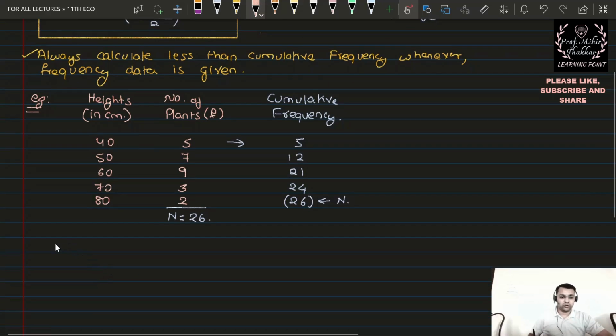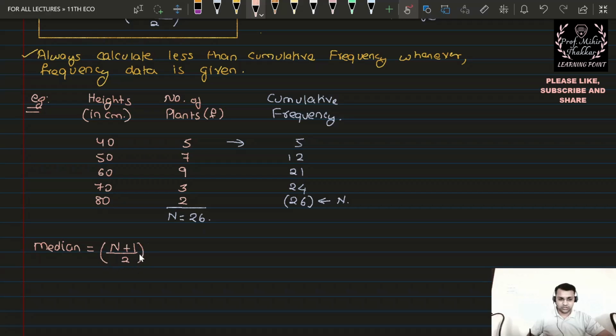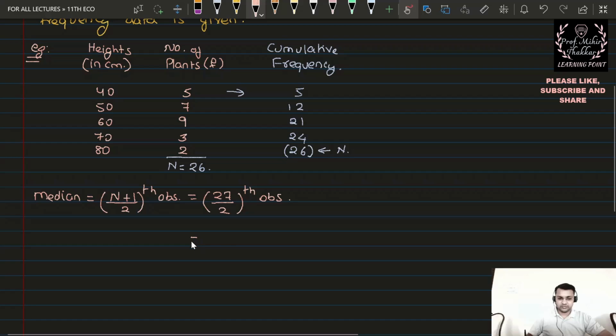So as per our formula, I can say over here that median is equal to capital N plus 1 upon the 2th observation, which is equal to 26 plus 1, 27 upon the 2th observation, which comes out to be the 13.5th observation.